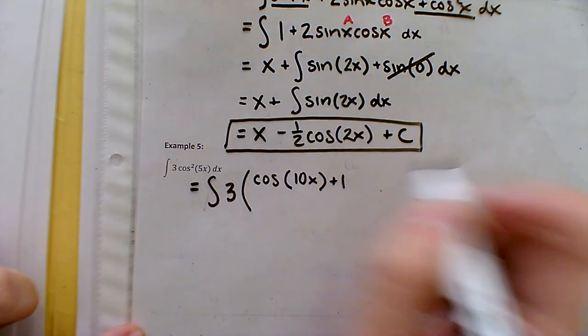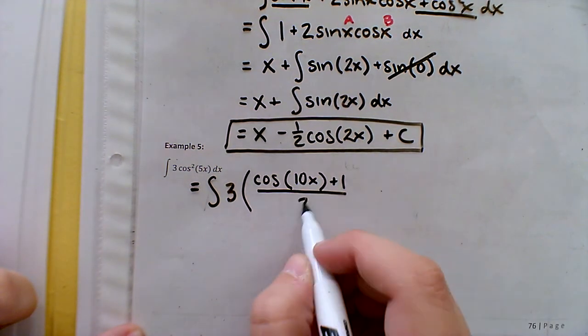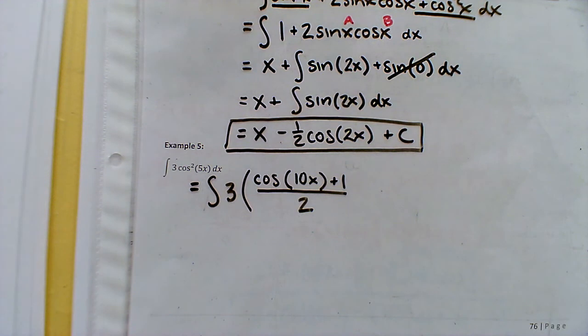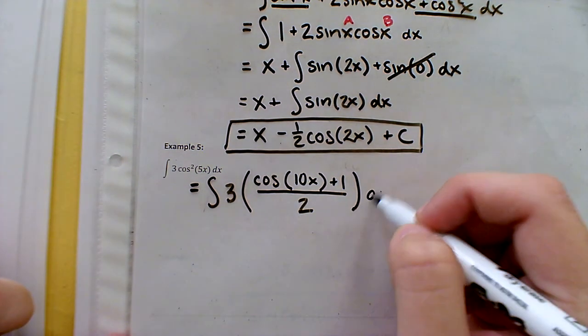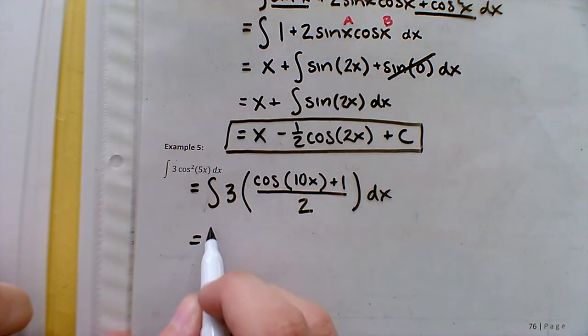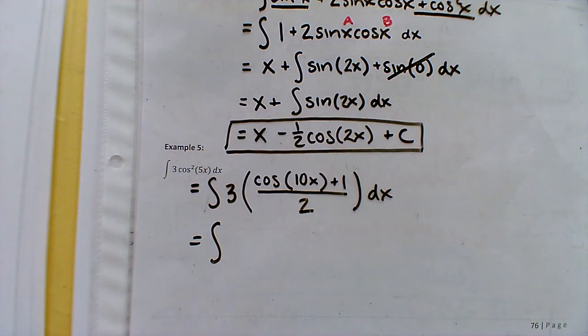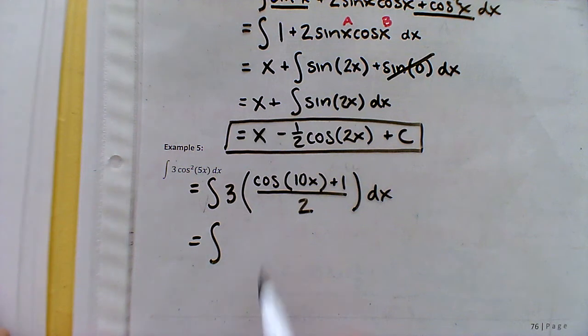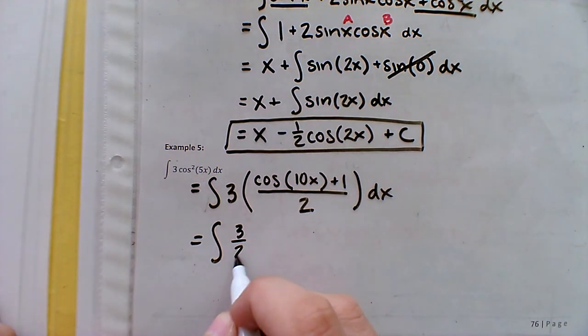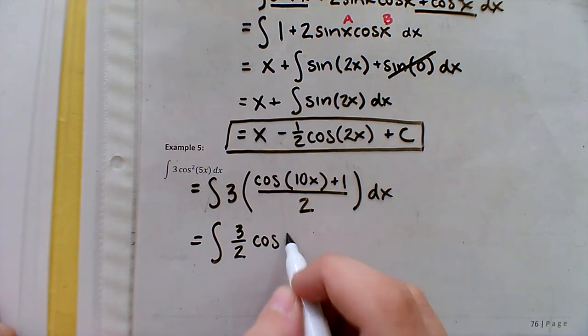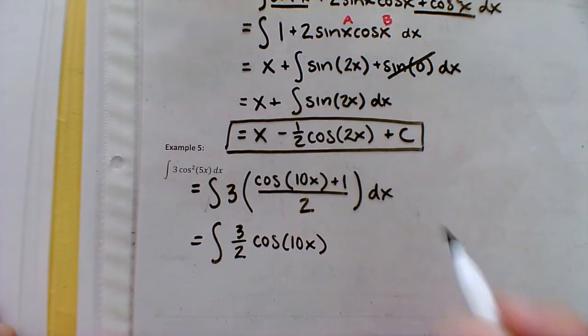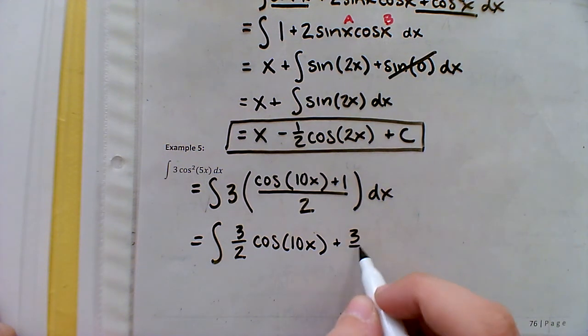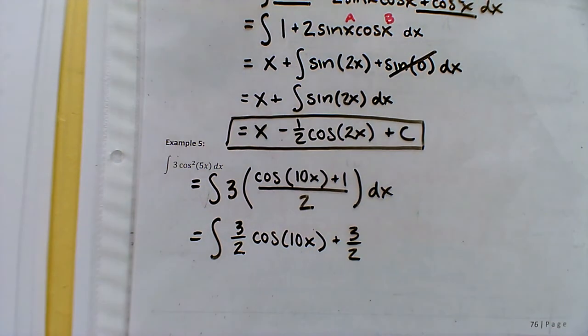We then have to add 1 and divide by 2. Dx on the end. So if we clean up that integral, distributing in the 3, maybe we can pull the 2 out though as a fraction. So this would be 3/2 cosine of 10x plus a 3/2 on the end.